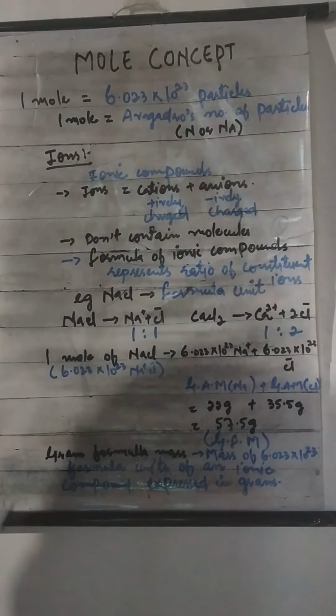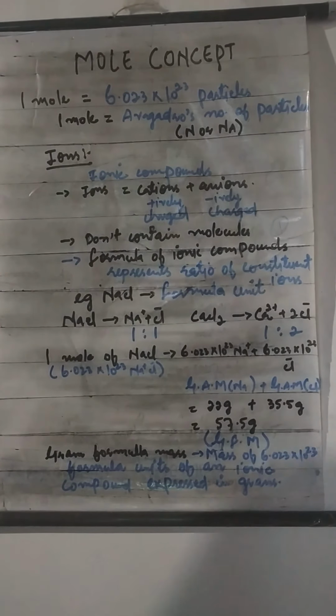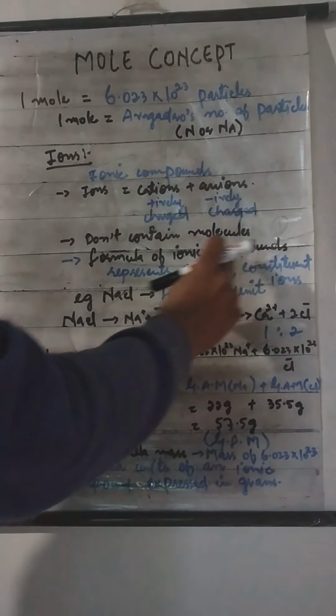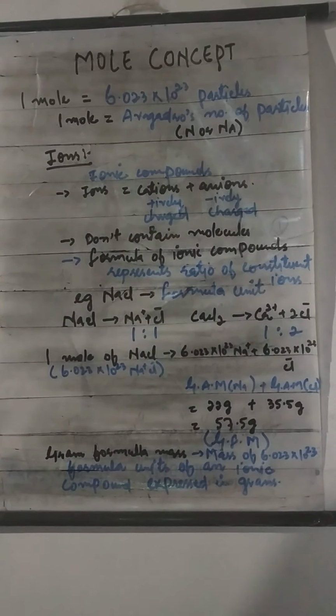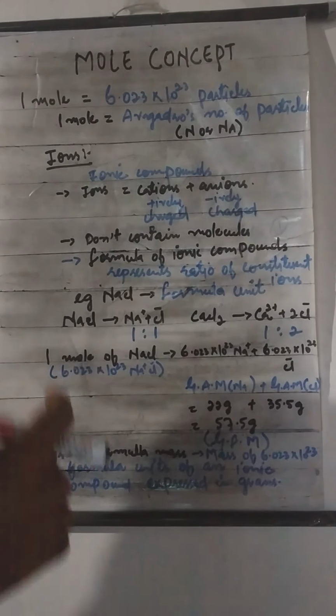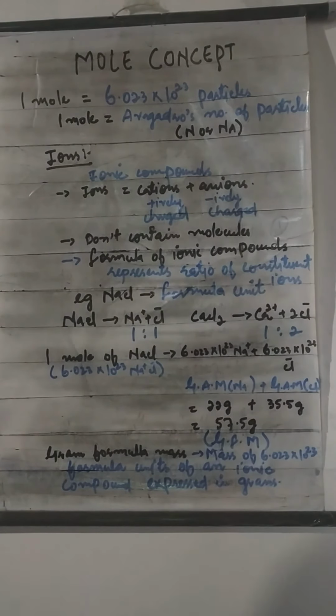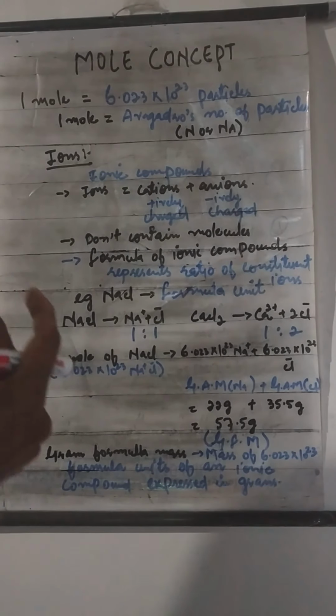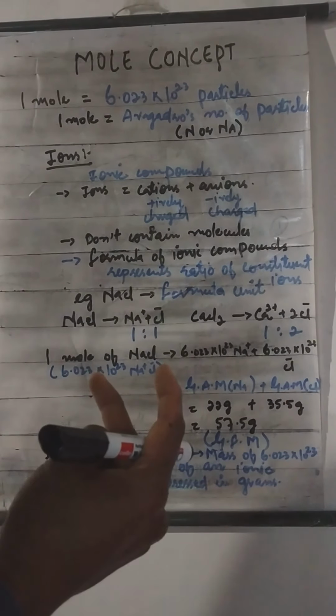Then when we write the formula of an ionic compound, it does not represent a particular molecule. It does not represent a molecule because ionic compounds are made up of ions. The formula of an ionic compound represents the ratio of constituents. When we write the formula of an ionic compound, it represents the ratio of cations to anions.